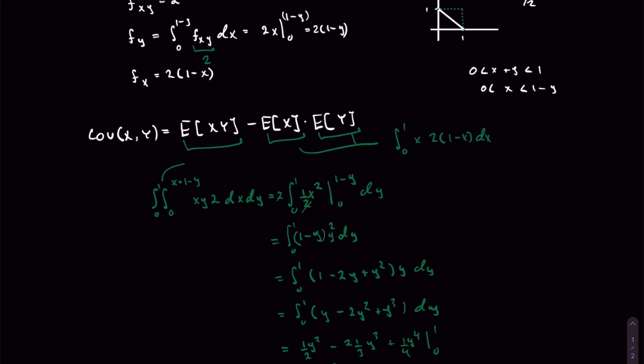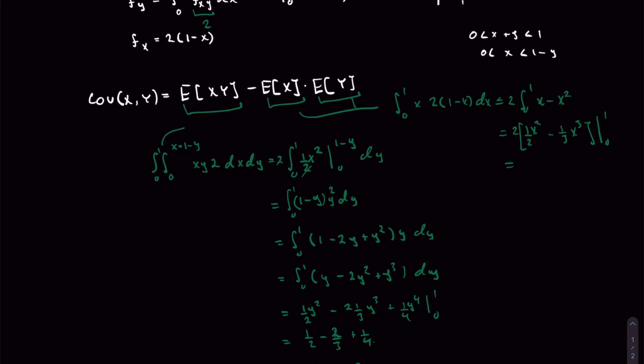Taking out the 2, the integral from 0 to 1 is x minus x squared: x squared over 2, minus 1/3 x cubed, from 0 to 1.